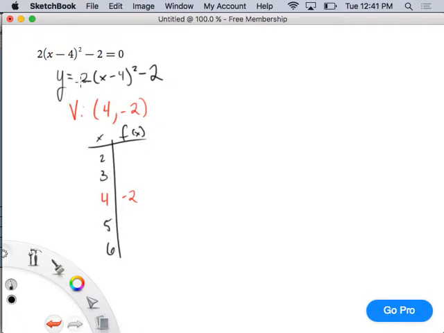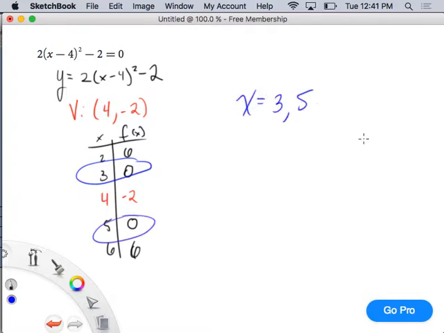Plugging in 3, I'm just going to go quickly. 3 minus 4 is negative 1, squared is 1, times 2 is 2, minus 2 is 0. 2 minus 4 is negative 2, squared is 4, times 2 is 8, minus 2 is 6. By symmetry, 0, 6. Do I need to graph it to find my zeros? No. There they are, right there. So the solutions of this equation are x equals 3 and 5. Does that make sense to you guys?